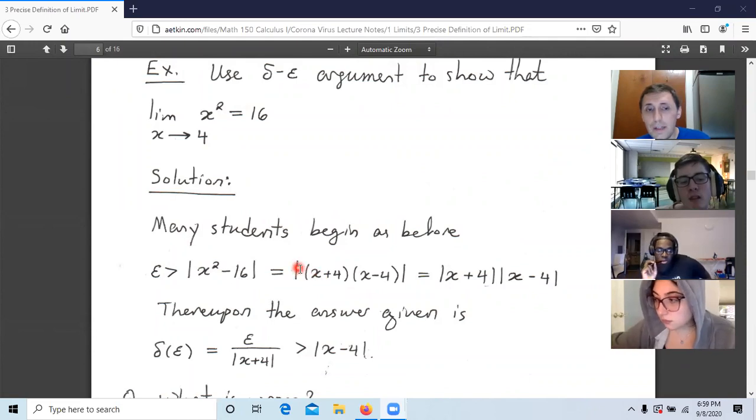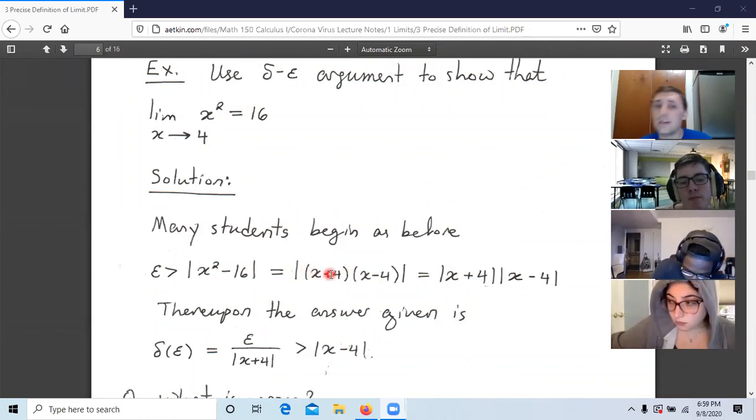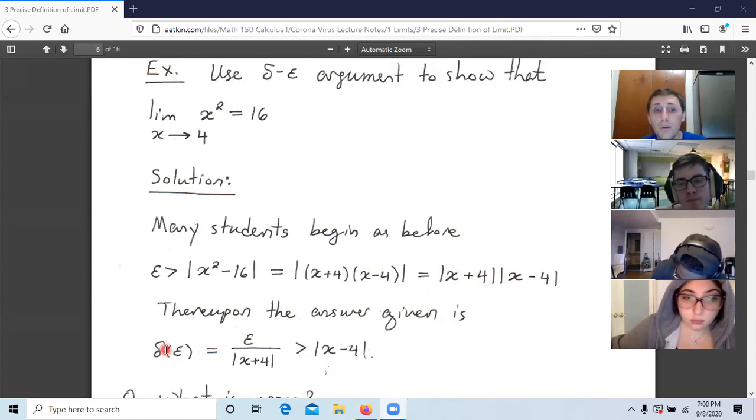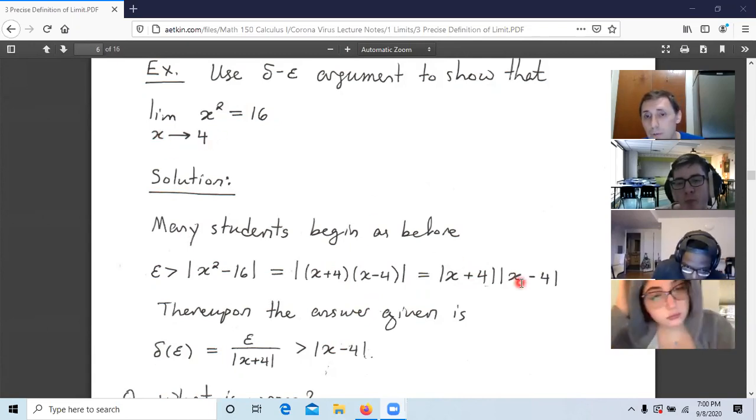So then I factor, it's a difference of squares: x plus 4 times x minus 4. In absolute value, the product of two numbers is the same as the product of the absolute values of each number separately, correct? I make this positive, so I can make the first number positive and the second number positive and multiply them afterwards. Good? Thereupon, we need information about the distance between x and 4, which is x minus 4. I don't like the x plus 4 part here, right?